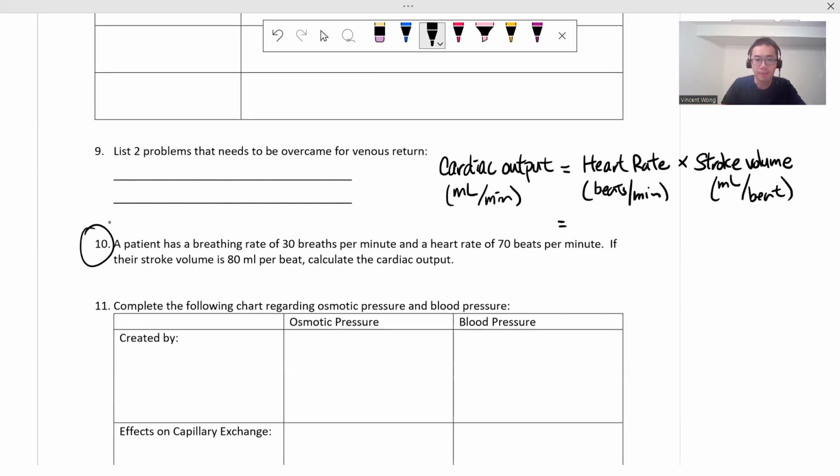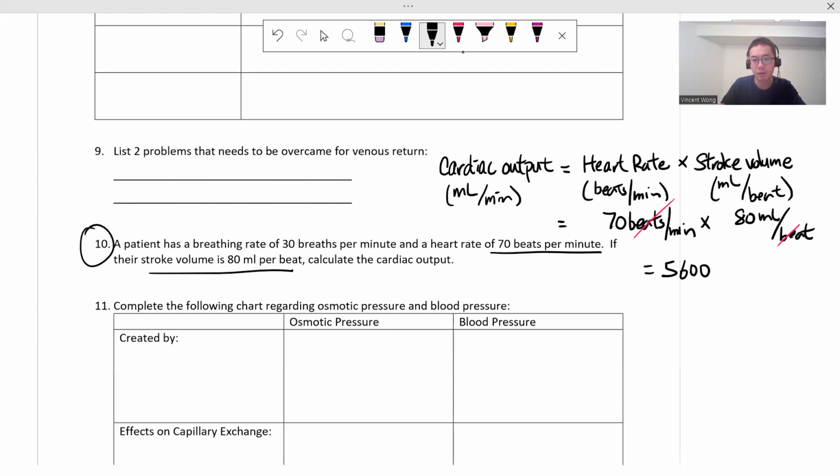So in this question, we have 70 beats per minute multiplied by a stroke volume of 80 milliliters per beat. So we can cross the beat out. 70 times 80 is 5600.